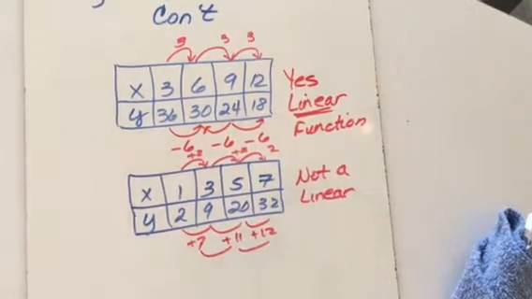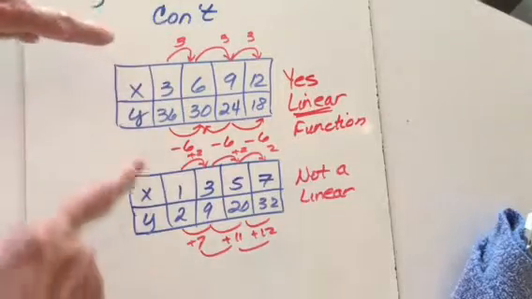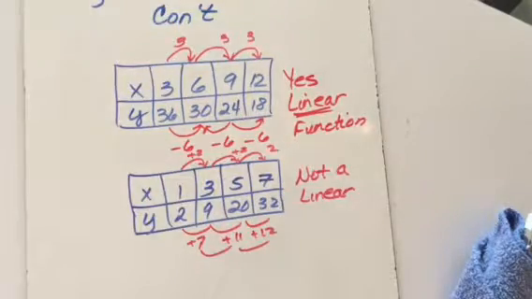Okay? That's how you can recognize those two functions. If it's a straight line, it increases or decreases, but in any case at the same rate. But if it's not a linear function, it will not do that.